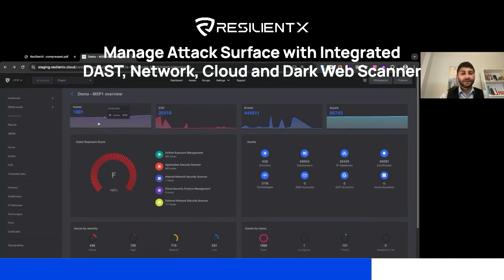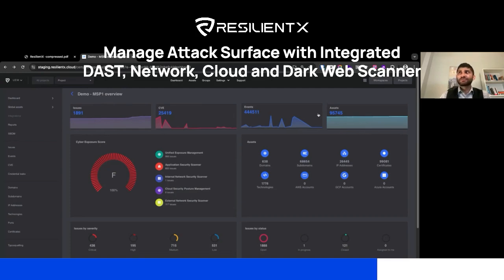You can think of issues as tickets, which unify and regroup different sets of security flaws into one ticket. So here, 25,000 CVEs that we have found on external infrastructure are regrouped into less than 1,900 issues, or 1,900 tickets.